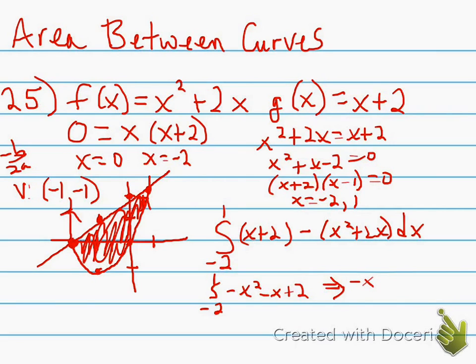which gives me negative x cubed over 3 minus x squared over 2 plus 2x, and I need to evaluate that from negative 2 to 1.